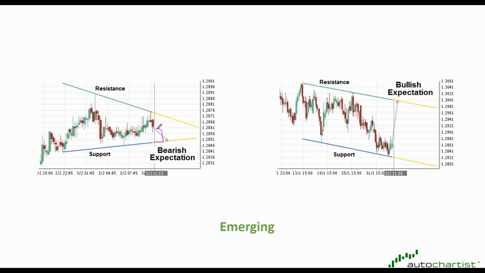Or if I was unsure, I could potentially set, let's say, a sell stop at 1.2846. So if the price crosses the line, then that's a confirmation for me that the price is going to continue trending down, and my market maker will immediately open a position for me on the short side.